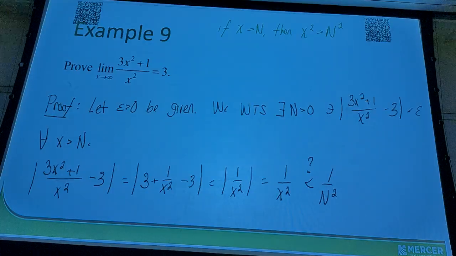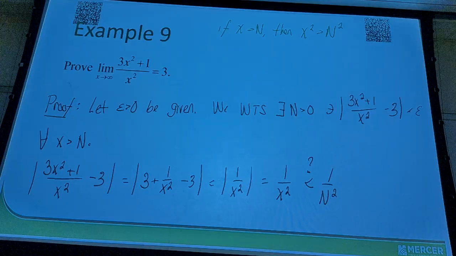Because of the less than sign? Right, we know that x is greater than n, that means that 1 over x would be less than 1 over n. And I'm trying to claim that that means that 1 over x squared is less than 1 over n squared, which it's not. That's the same thing as saying x larger than n means x squared is larger than n squared, which is not true.